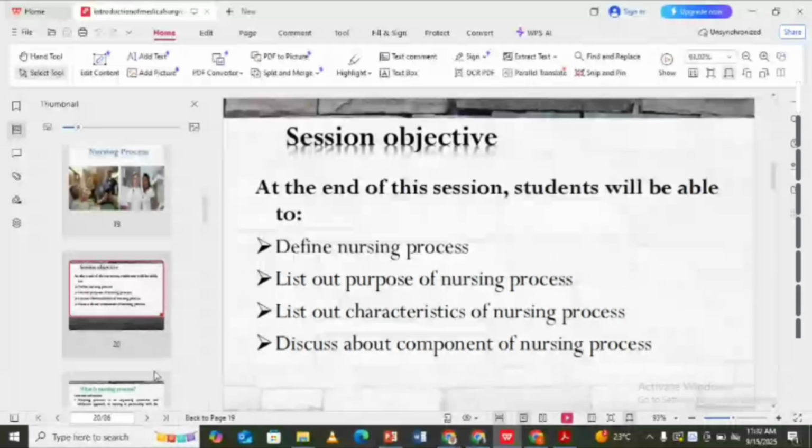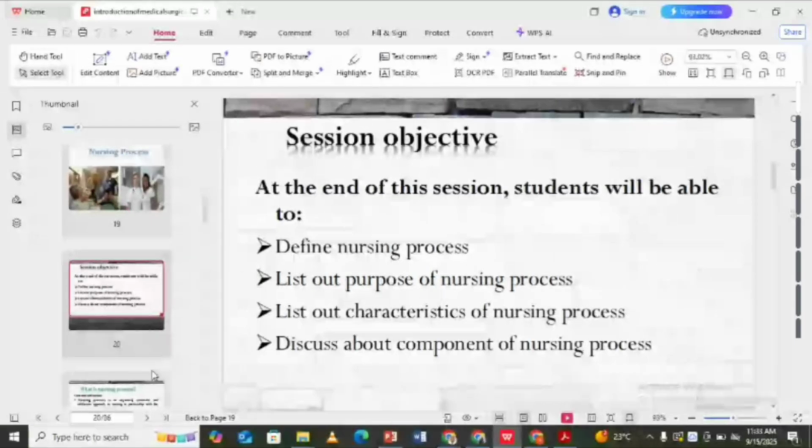It is the systematic patient-centered care that is used to plan and deliver care. Yeah. So the systematic process is utilized to provide care to patients. Correct.